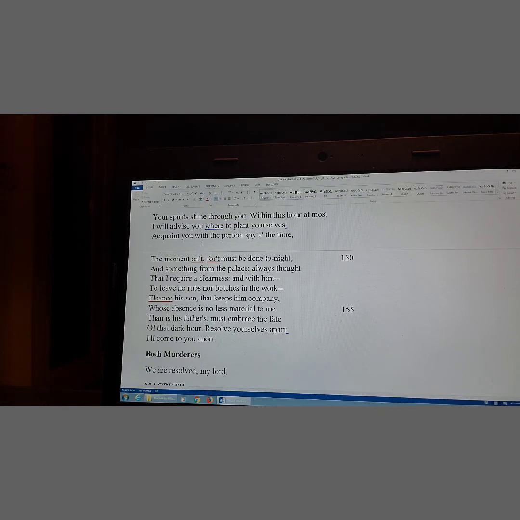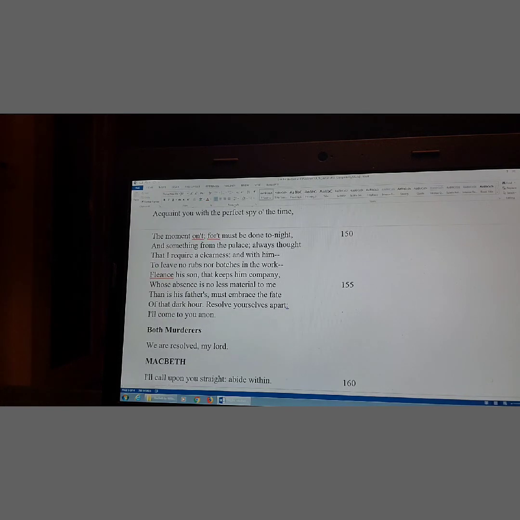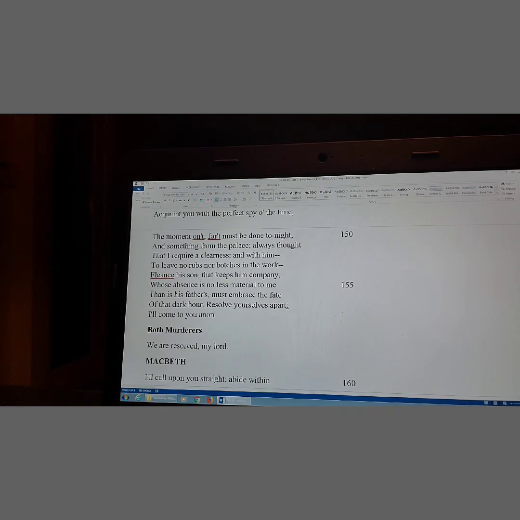And something from the palace, in other words, something from his castle. Always remember that I require a clearness, clearness of thought, and with him to leave no rubs or botches in the work. Don't make any mistakes. Fleance his son.